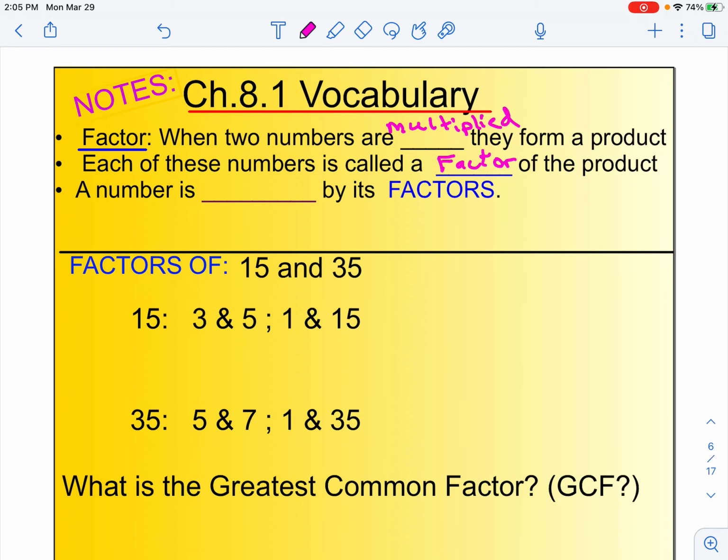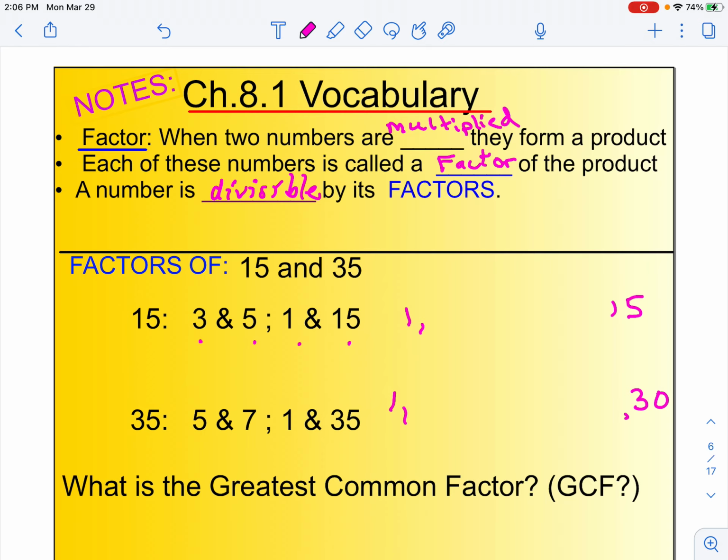And a number is always divisible by its factors, which means it has to divide evenly, not with a remainder or a decimal. So when we look at factors of 15 and 35, well, 3 and 5 are factors of 15, 1 and 15. How I like to usually do this is write 1 times 15. That's always going to be factors, 1 and 15.